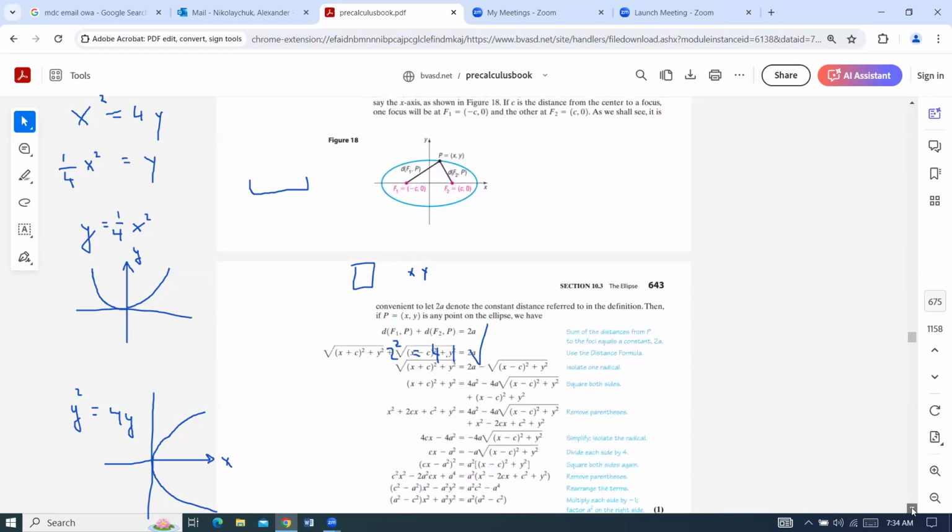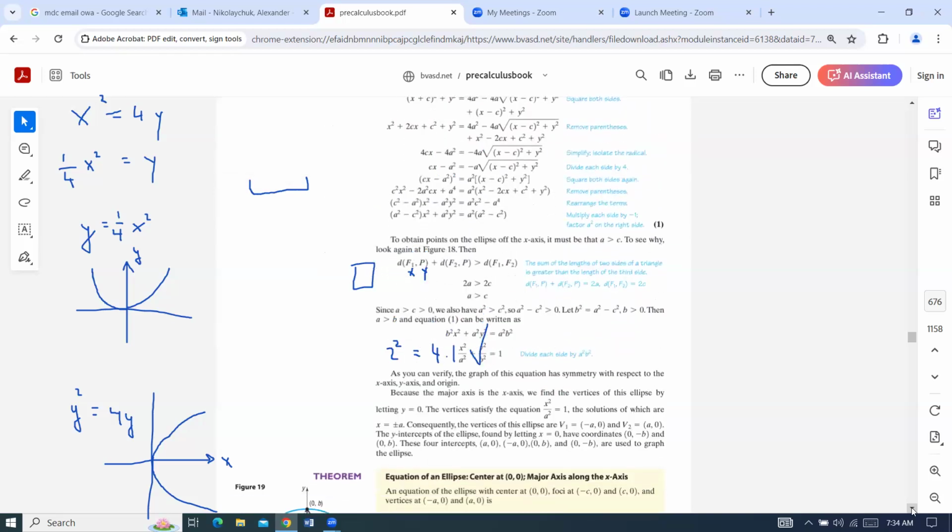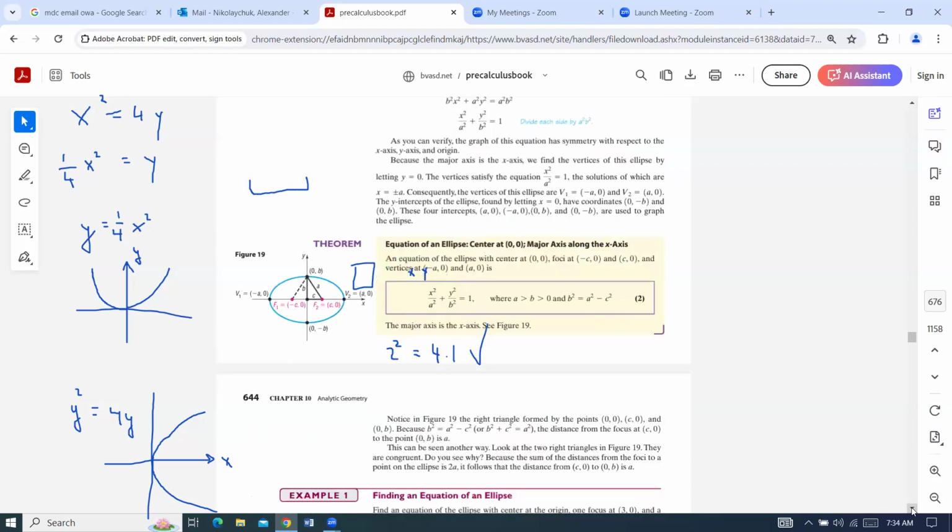So we move to the next part of the story that deals with the so-called ellipse. That's the figure that they have here for us in picture number 19. And what's remarkable about this ellipse is that it has two special points, focus points, they call them foci.